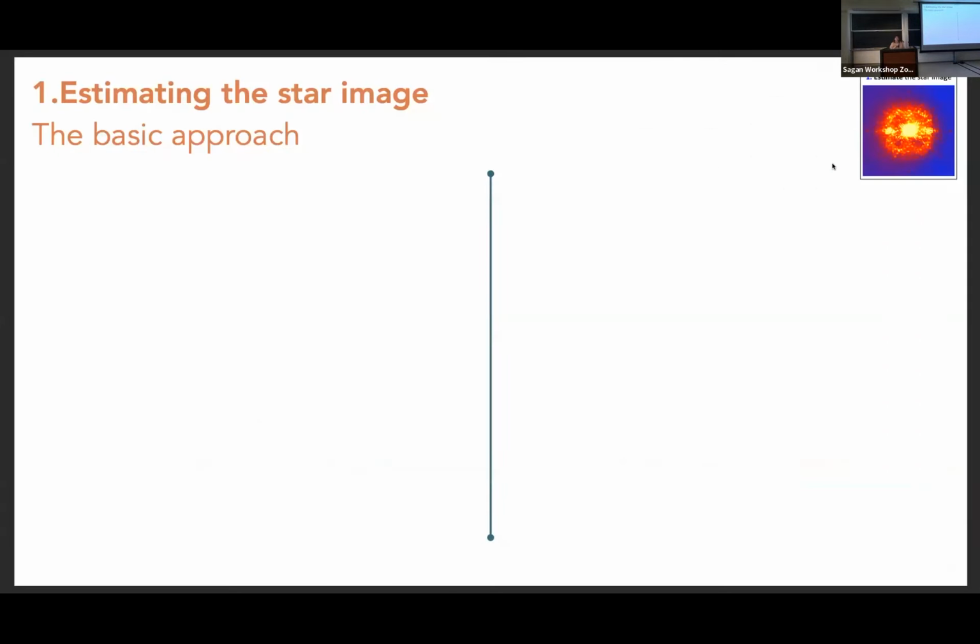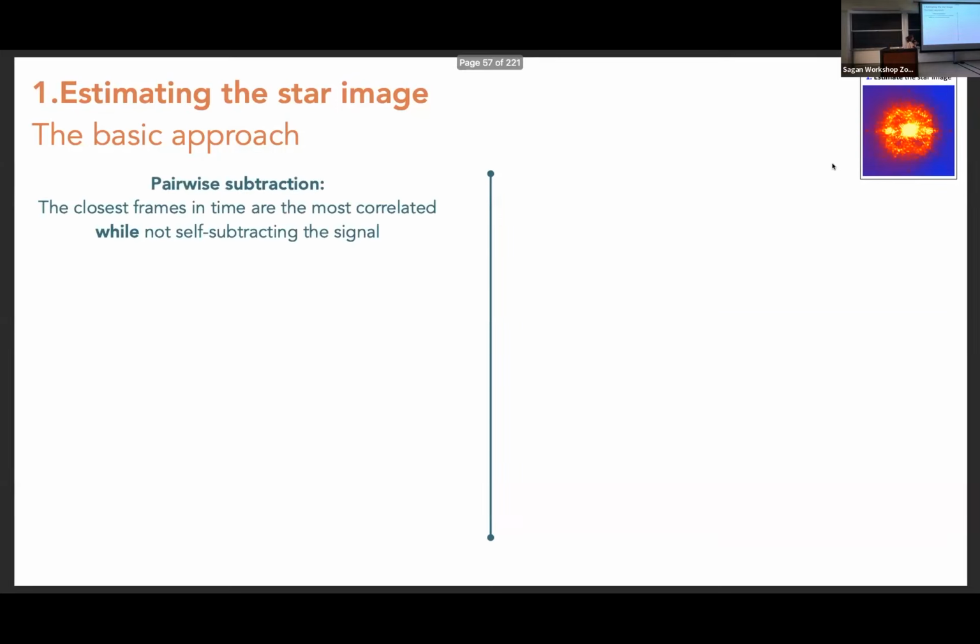Okay, so the very basic approach, because of this temporal correlation we have between the frames, is to do a pairwise subtraction. You take the closest frame in time because they're still correlated, but you don't want to take them too close in time so that you don't self-subtract the planetary companion if there is one.